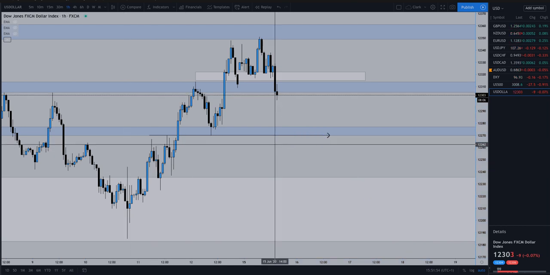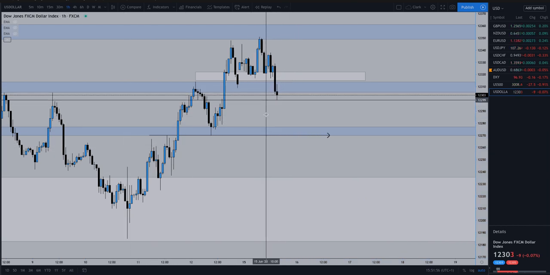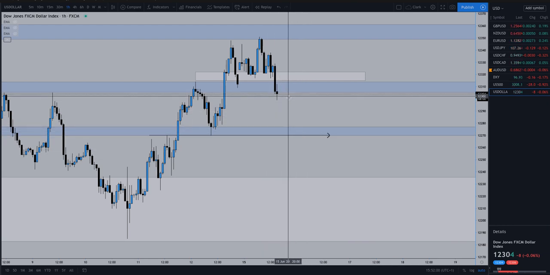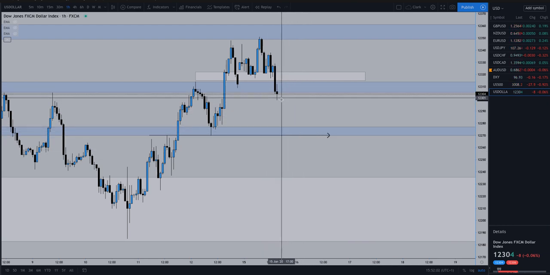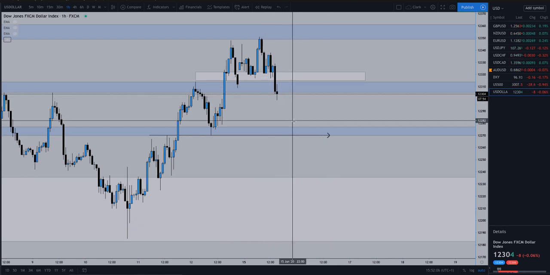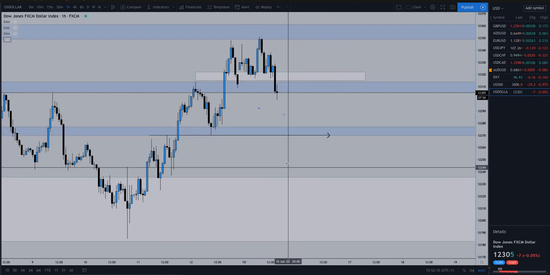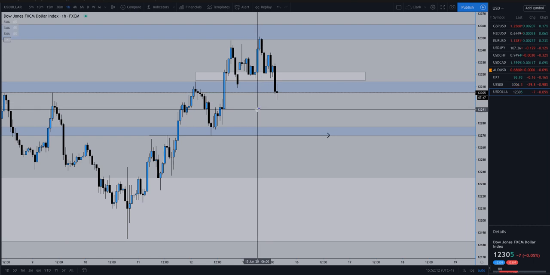Two scenarios. Like I said, you have to trade in the zone. This gray area, you don't want to be there.